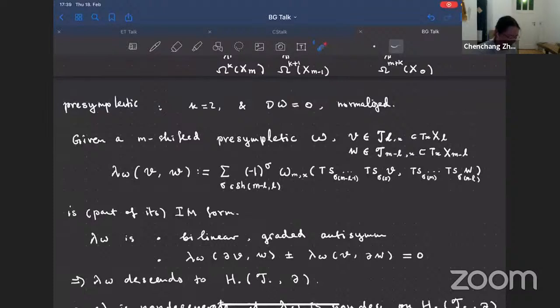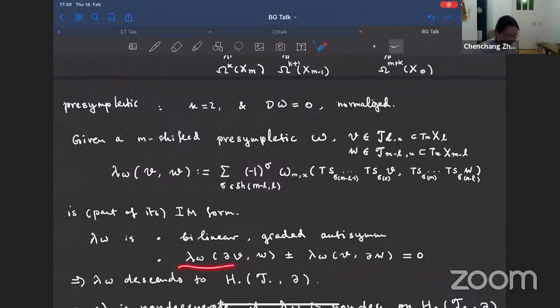So then you can verify this form is bilinear and graded antisymmetric, and it satisfies this condition. You can actually verify much more, but these two are the ones that are important for us.